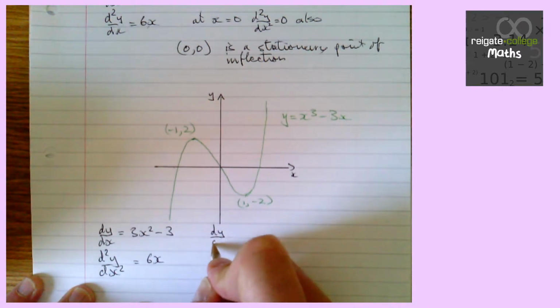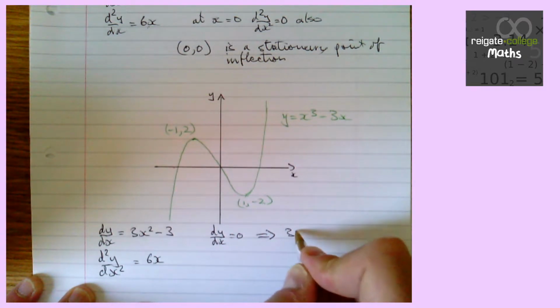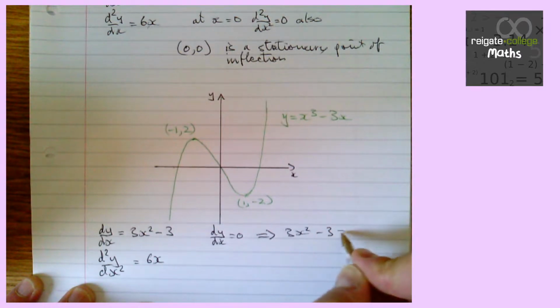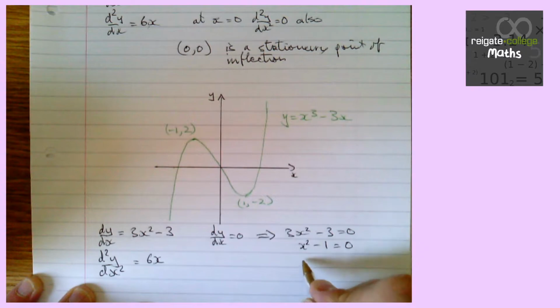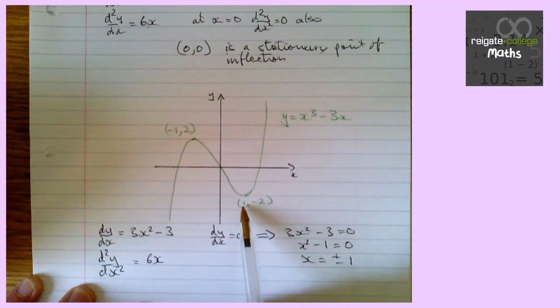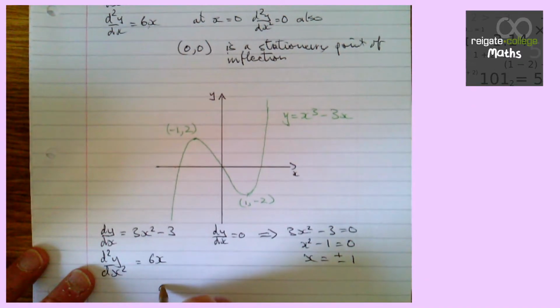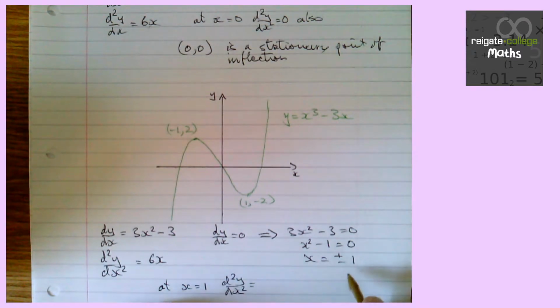So dy by dx equals 0 gives us 3x squared minus 3 equals 0. So x squared minus 1 equals 0. So x is equal to plus or minus 1. So we can see that that's this point and this point. At x equals 1, d2y by dx squared is equal to 6.